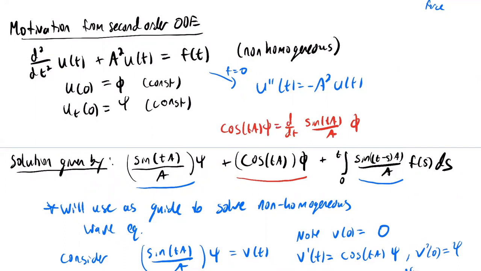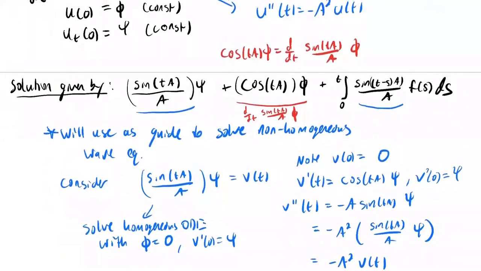And so I can write this as the derivative with respect to t of sine of ta over a applied to phi. This quote unquote solution operator is of the same form for all three terms: it's sine of something over a, and then multiplied by another function. That's exactly what we did below, except you just need the time derivative to make this work.